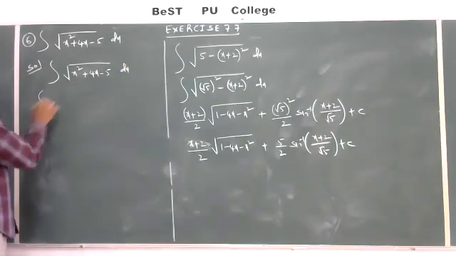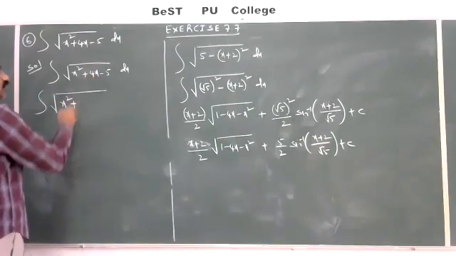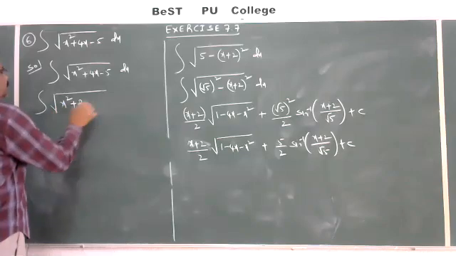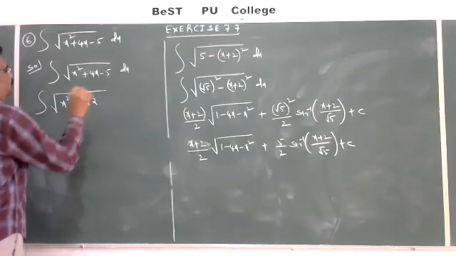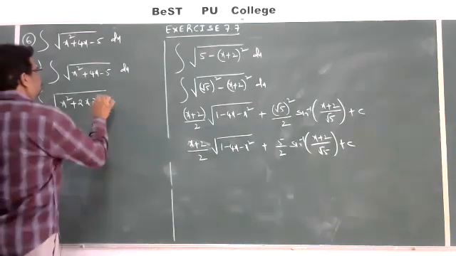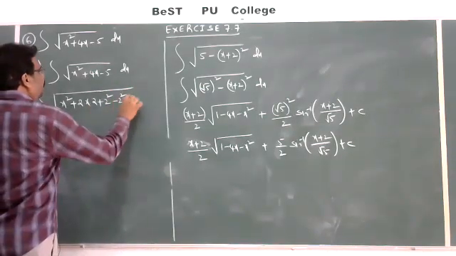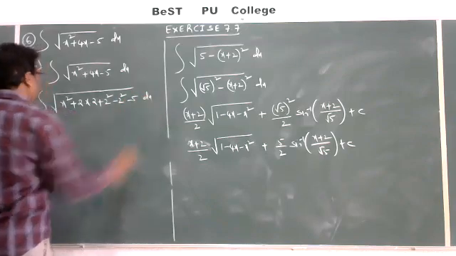So this is integral root of x square plus, this is the 2ab term, 2 into, you consider a is x, b is 2. That's why adding b square and subtracting b square. Adding b square, that is 2 square, subtracting b square, minus 2 square, minus 5 dx.